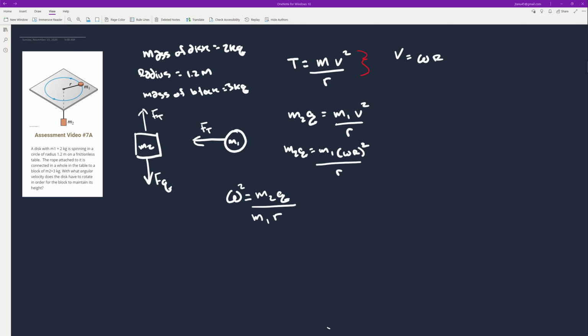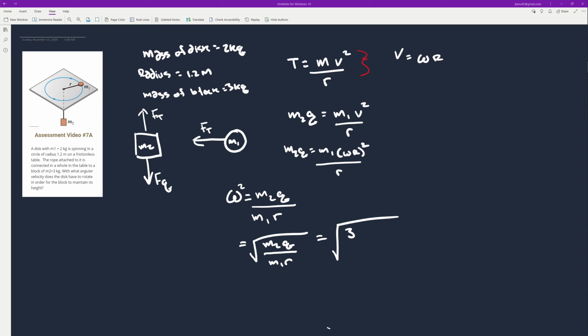And since this is squared, we can go ahead and just take the square root of this. And what we have is our equation to find the angular velocity needed to provide a centripetal force that offsets the tension. So go ahead and plug in our values.